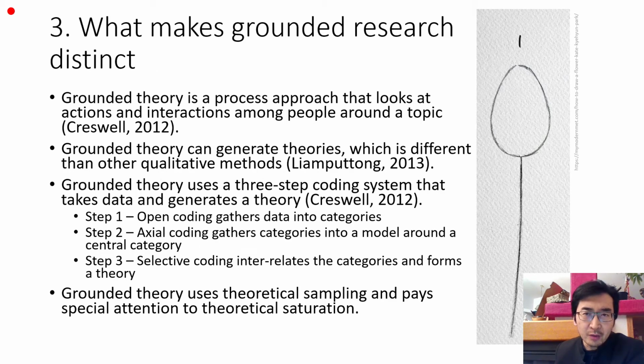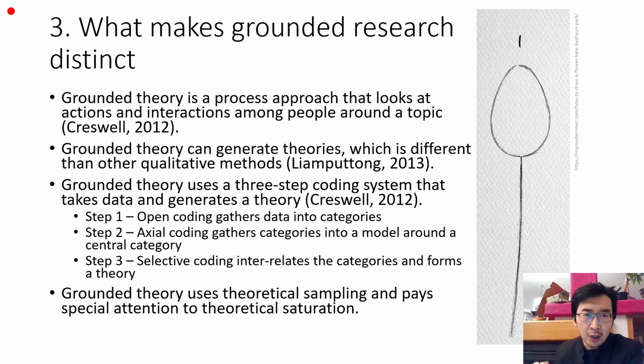So what makes grounded theory really distinct from other forms of research is that it is an approach that looks at interactions among people around a particular topic. Charmaz described it as an emphasis on process, around the centrality of a storyline, which the analysis can coalesce together.